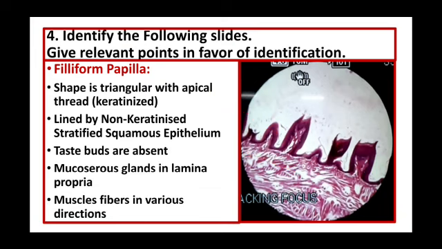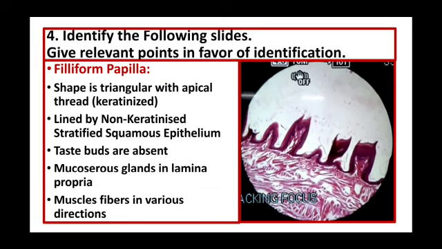So the given slide is a filiform papilla. So shape of this papilla is triangular, and it may contain apical thread-like structures, that is the keratinized structure may be seen. The lining epithelium is non-keratinized stratified squamous epithelium, and predominantly the taste buds will be absent.